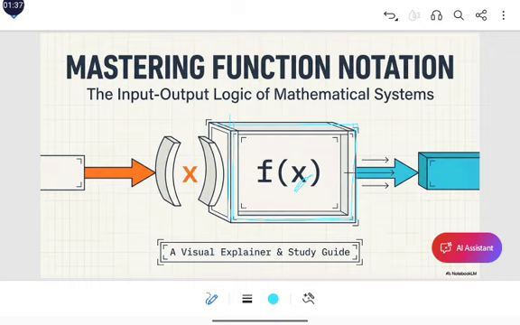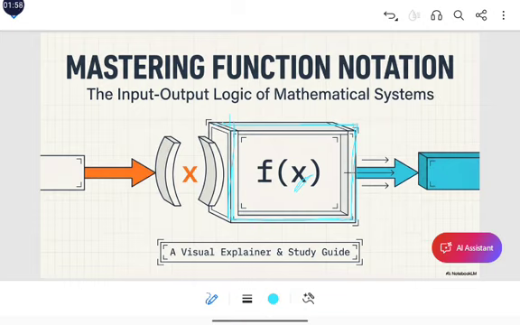Good. So this is the basic understanding that you have a machine and that machine has its own rule. F of x is a machine and it has its own rule.